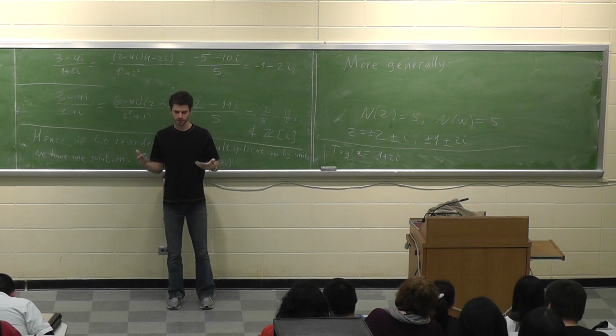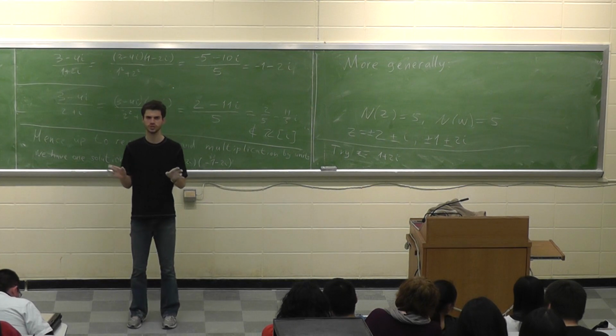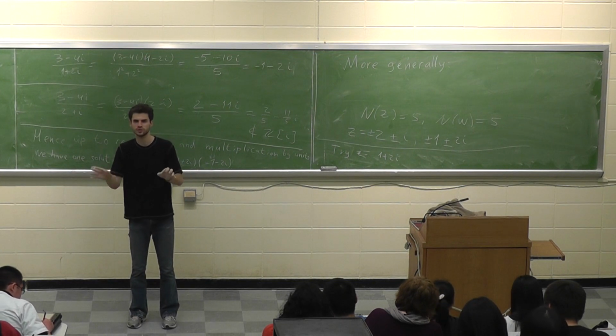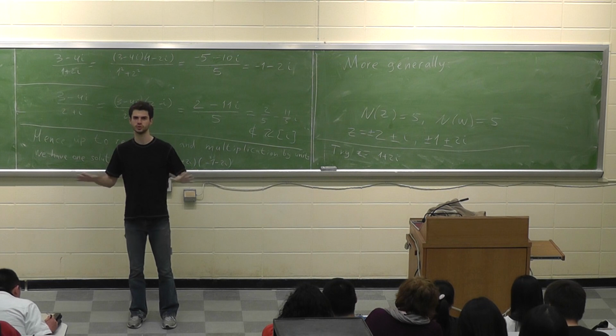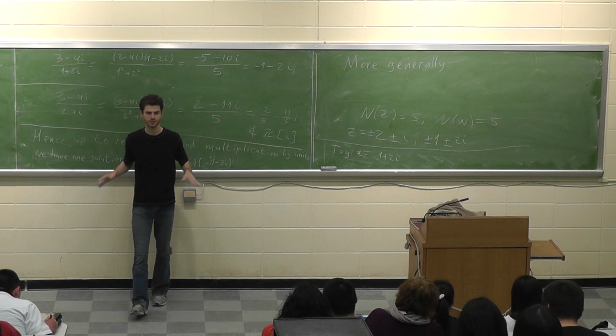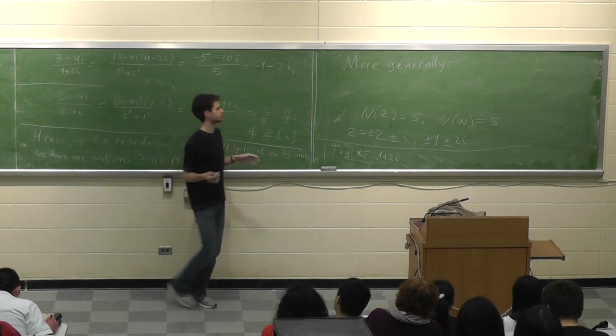If it can be factored as a product of two things, we'll take each one of these things and try to factor each one of these factors.